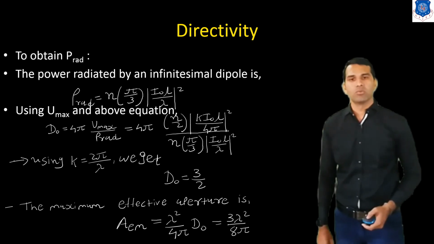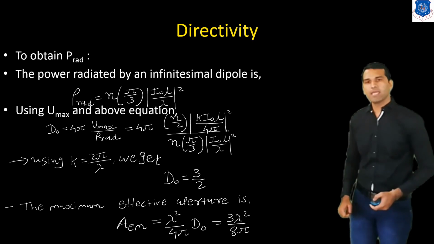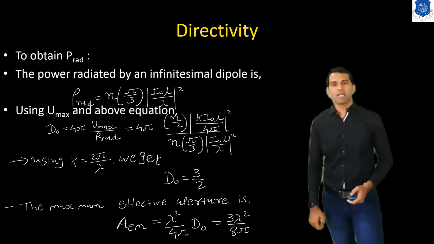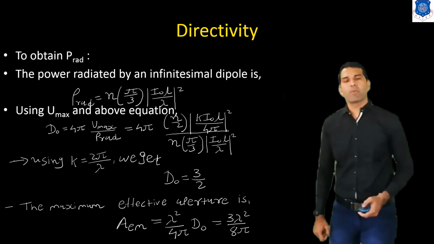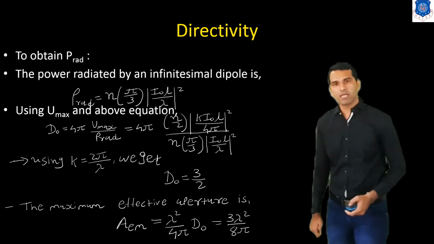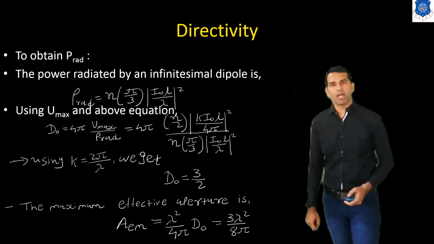The maximum effective aperture is AEM is equal to lambda square upon 4 pi into D0. So we get the maximum effective aperture for the oscillating dipole as 3 lambda square upon 8 pi.